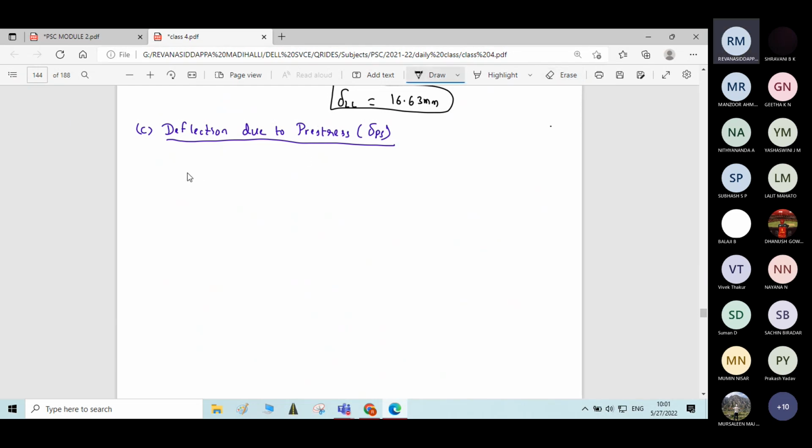So we will utilize this generalized formula, area into x bar divided by EC into IX, to calculate the deflection due to prestress. Now I am writing the moment diagram for the prestressing force which is existing above the central axis.